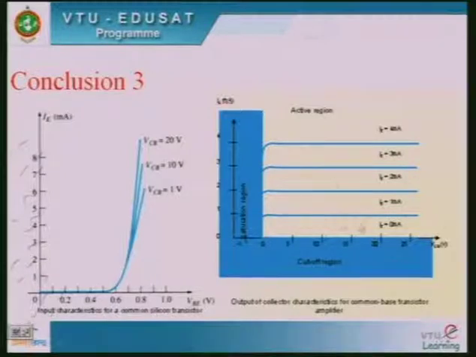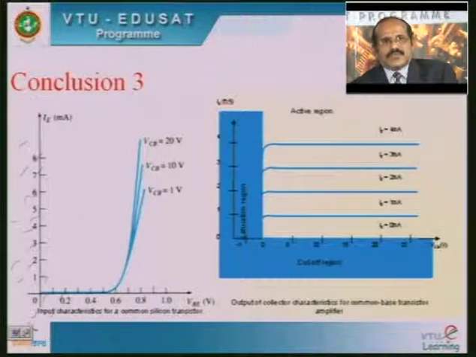Irrespective of variation in VCB, there is no effect on IC, because this particular region is the active region, where it stays almost constant. The active region is used for amplification because it is a linear region, and there is equal distance between these current curves, and these equidistant current curves give rise to faithful amplification. That is one important feature of the active region.